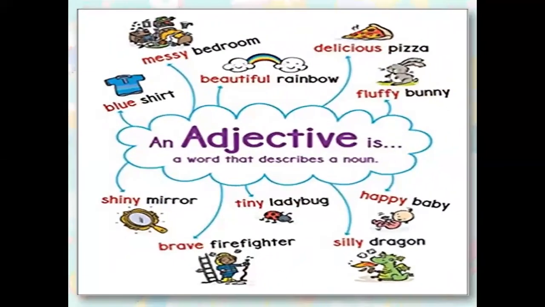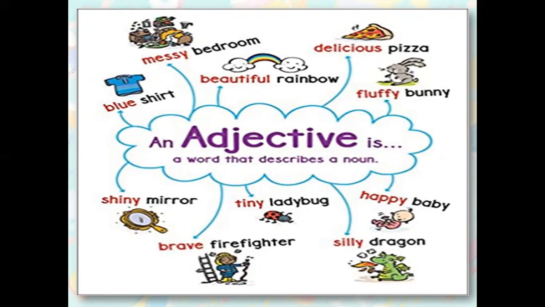And now, let's look at some examples of adjectives here. As we all know, an adjective is a word that describes a noun. Here are the examples. Blue shirt. Blue is the adjective describing the noun shirt. Messy bedroom. Beautiful rainbow.